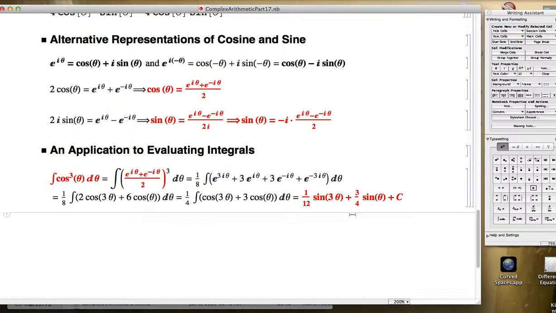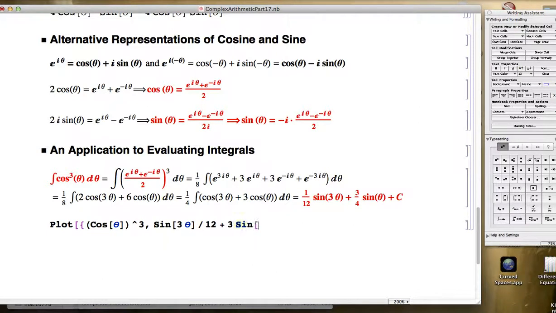We could try checking it. See if it seems reasonable. Compare the plots of cosine cubed, which I have to type in like this, and this antiderivative of it. I'm using Mathematica's plotting command, I guess, for the first time in this series of videos. Plot is the basic command being used here.